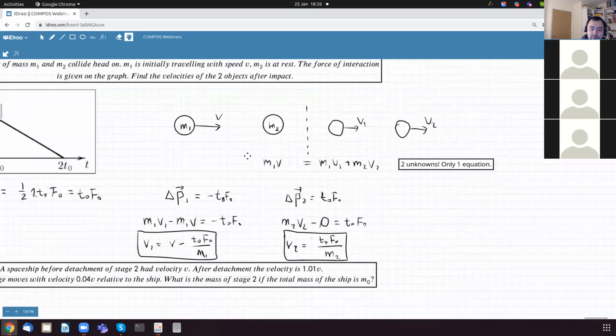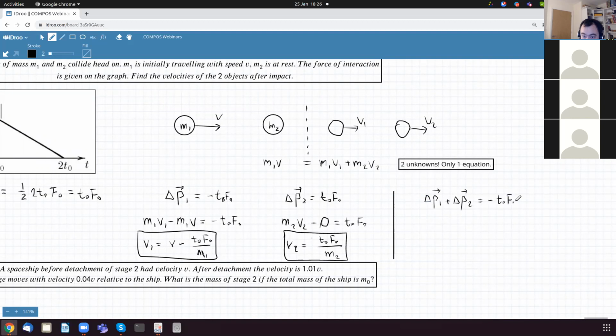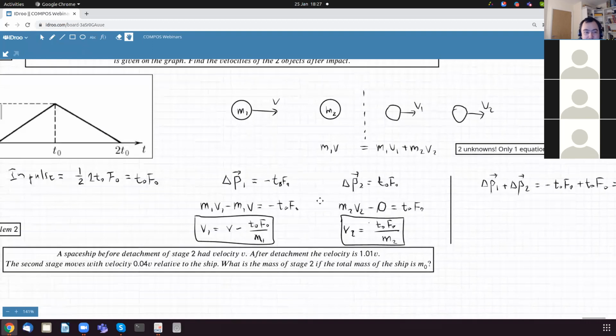And just one more thing, because these are internal forces, look what happens if I try to do delta P1 plus delta P2. It is equal to minus T0 F0 plus T0 F0, which is 0. The total change in momentum is 0. This is just another consequence.